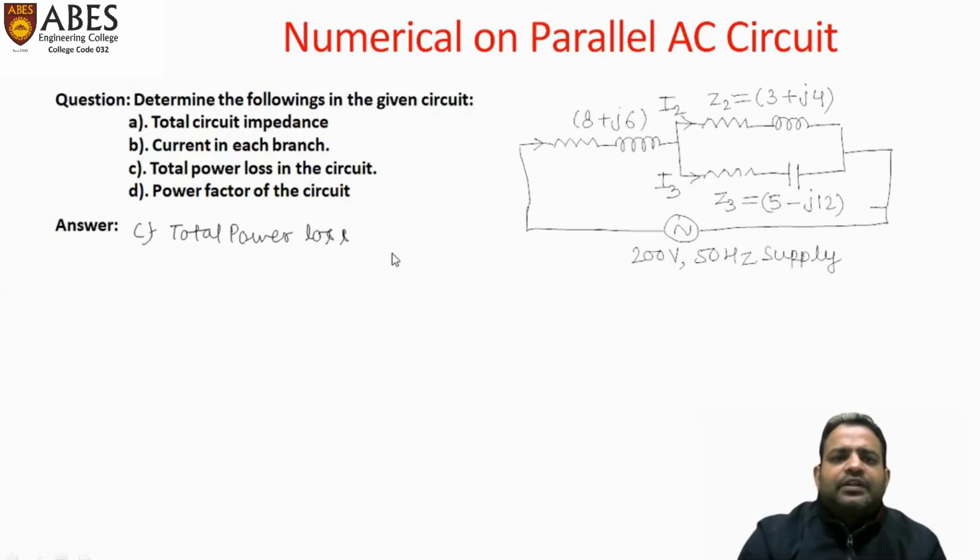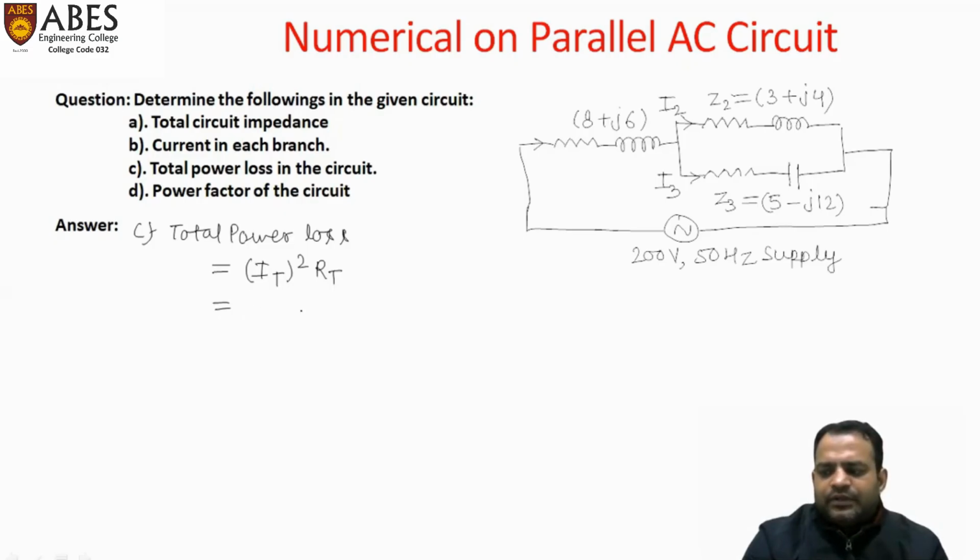Now we are calculating the C part, total power loss in the circuit. So total power loss is IT square and RT. We already calculated I total current; we are putting here only the mod.